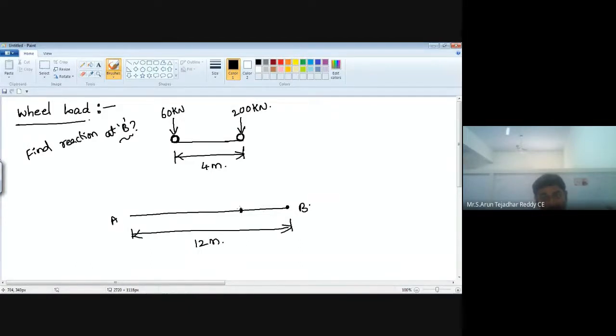Up to here there is a 4 meter span. So this is our location of wheel load.